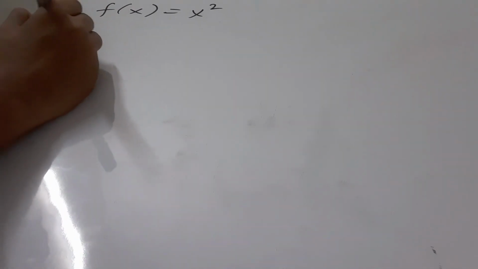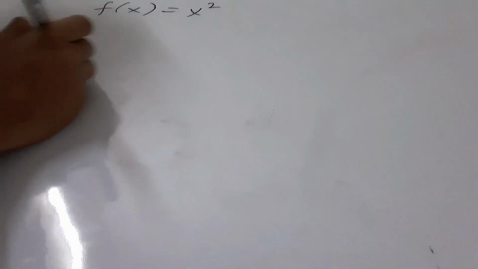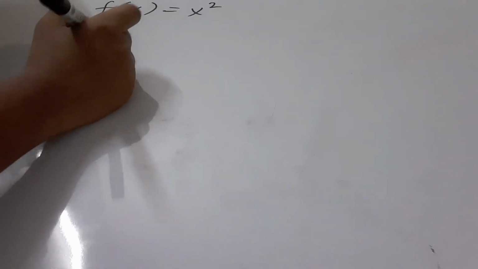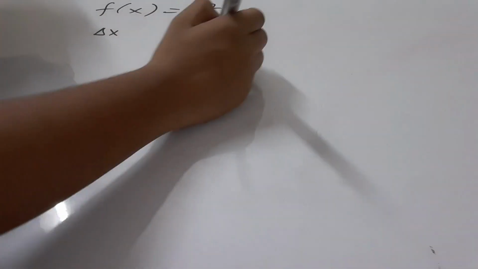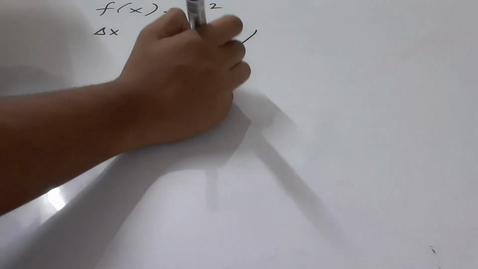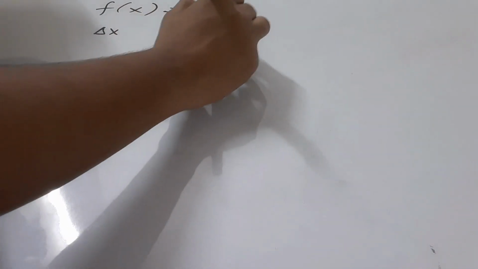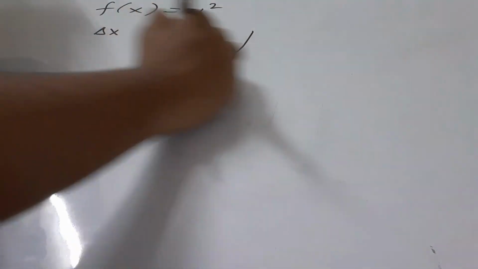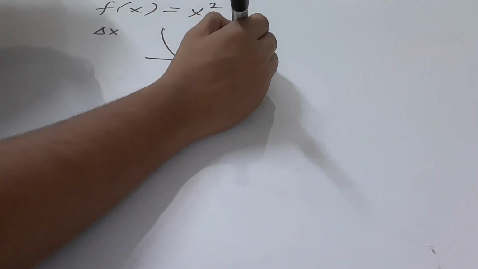We need a very small change in x. Let's call that change in x delta x, because delta usually denotes change. So this is the miniature of my graph. I go from this point to a very close point, this here.